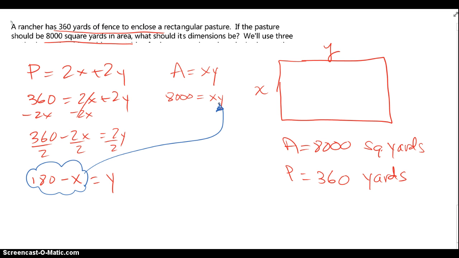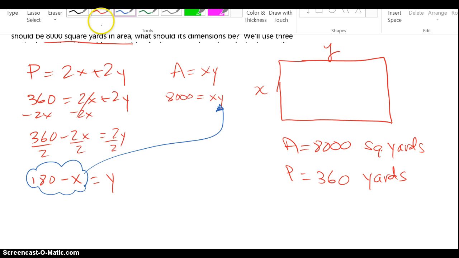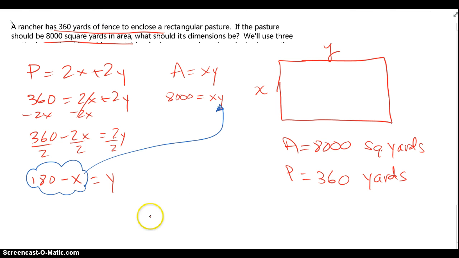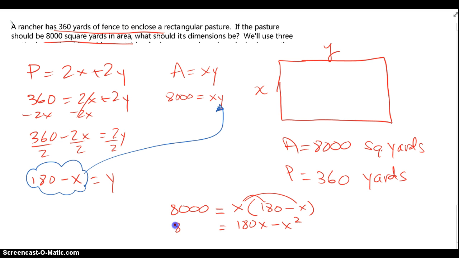So similar to what we did in the notes, area is length times width, and I want both the length and the width to be in terms of the same variable, so I just use the perimeter equation to my advantage to do that. So what I have now is 8,000 square yards is my area, width is x, and length is 180 minus x, which gives me a quadratic equation if I distribute the x.